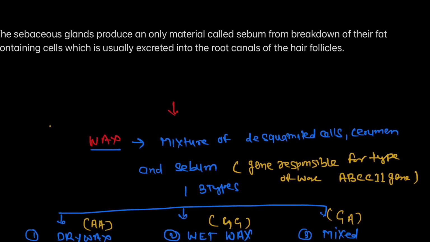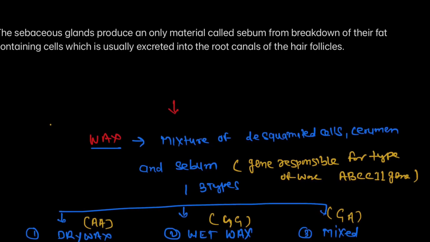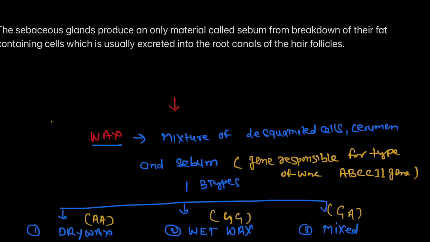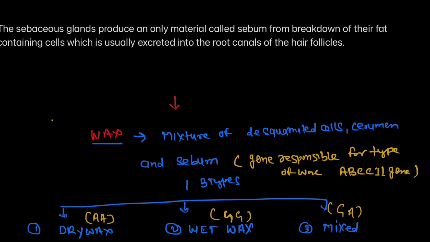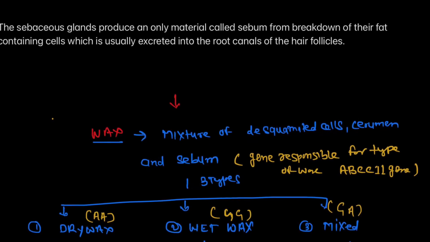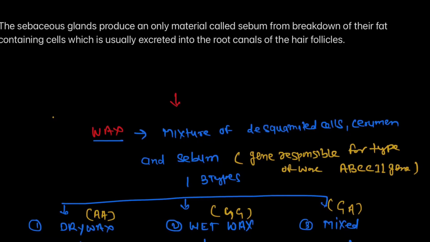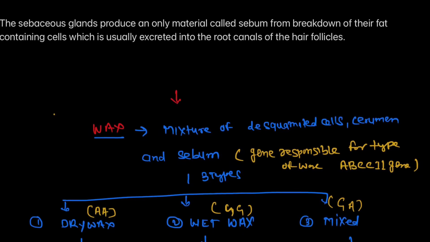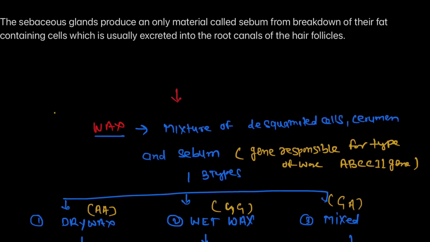Sometimes an intermediate type, mixed wax, is found, but mixed wax primarily falls under wet wax. The gene responsible for the type of wax is the ABCC11 gene.